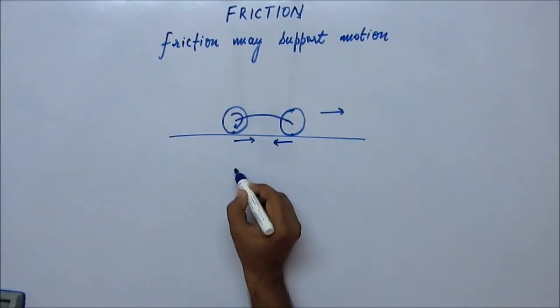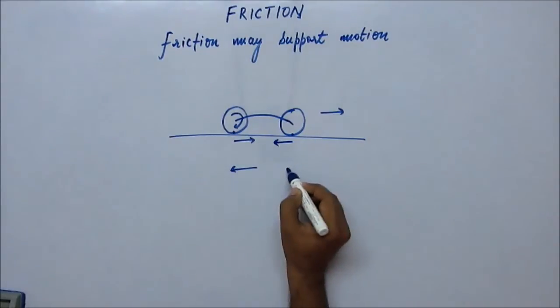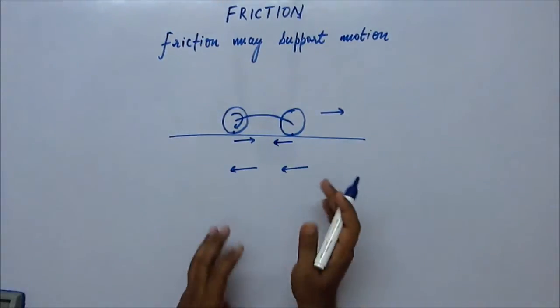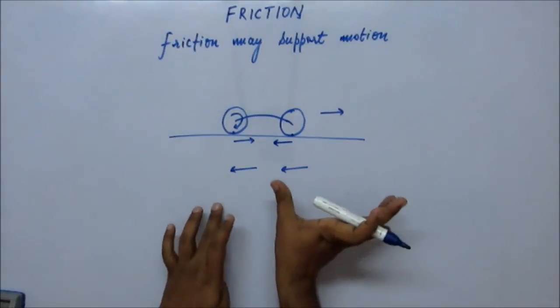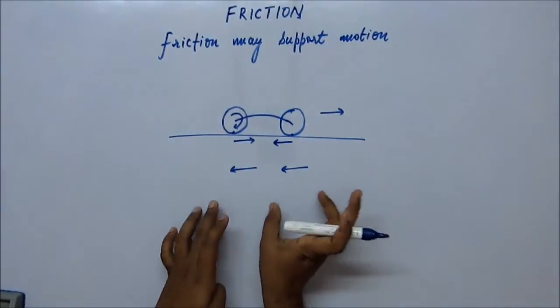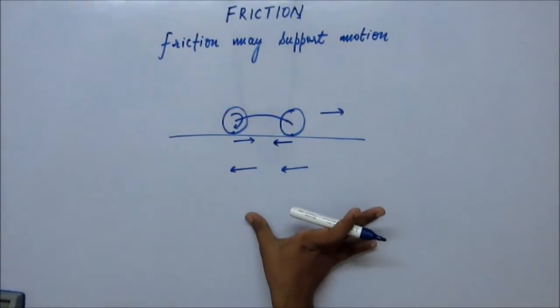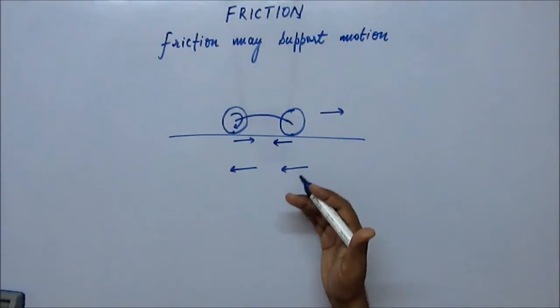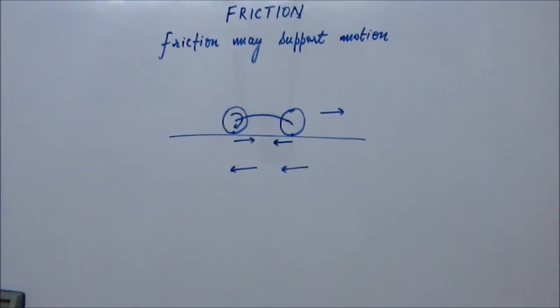So friction, after you stop pedaling, acts on both the wheels in backward direction in order to stop the relative motion. This force is going to decrease the velocity that the bicycle has gained, and gradually the bicycle is going to stop. So this is how the friction initially helps us to ride the bicycle.